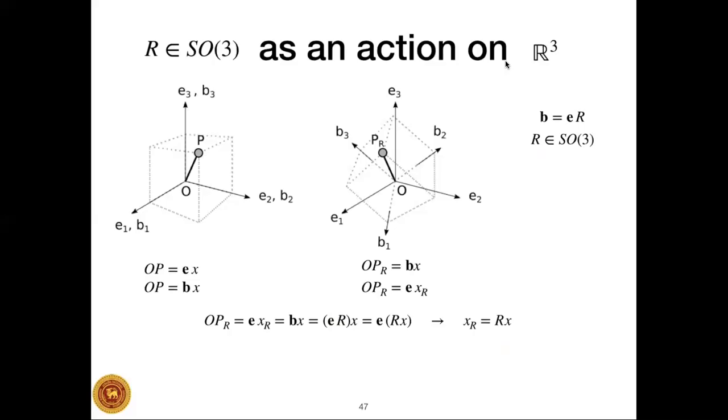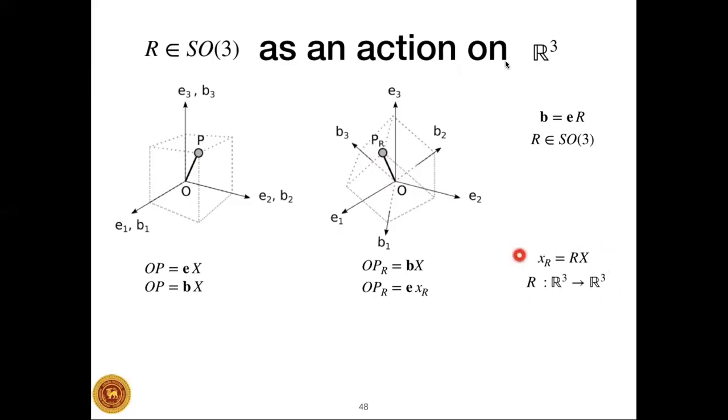The special orthogonal matrix that relates the B frame to the E frame has transformed this point, which had representation X, to a new point X R when you view it in the E frame. R maps this point to a new point by simply multiplying by R. Let's take a closer look at what that map does.